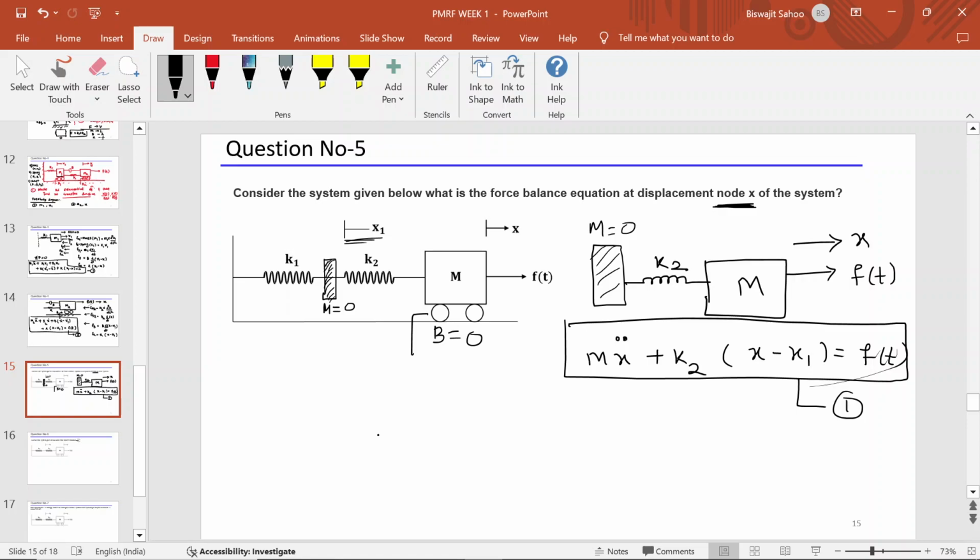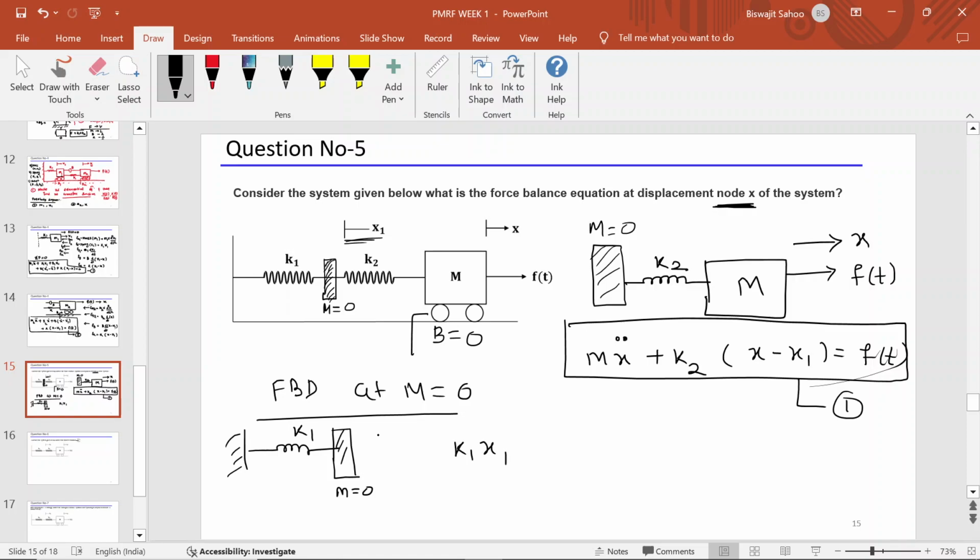Similarly, you have to write the equation for the free body diagram at mass m equal to zero. Can anybody tell me what the equation is here? Because this mass is zero, it should be k1 times x1, since this is connected to the fixed body and has a displacement of x1.